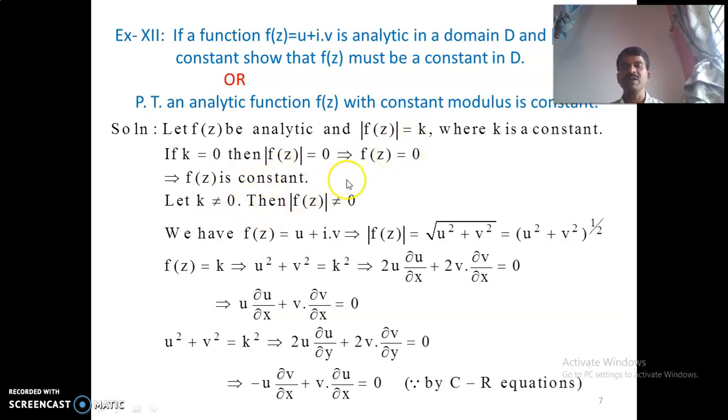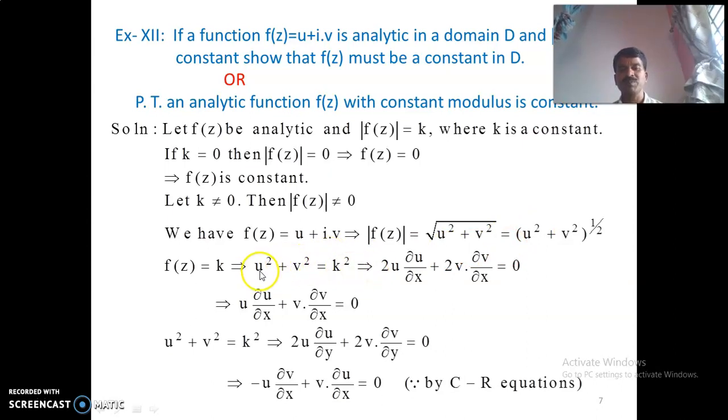Then the modulus of f of z is non-zero. As we know, the magnitude of u plus iv is root of u square plus v square, that is, u square plus v square to the power half. Since the modulus of f of z is constant, this implies that u square plus v square equals k square.